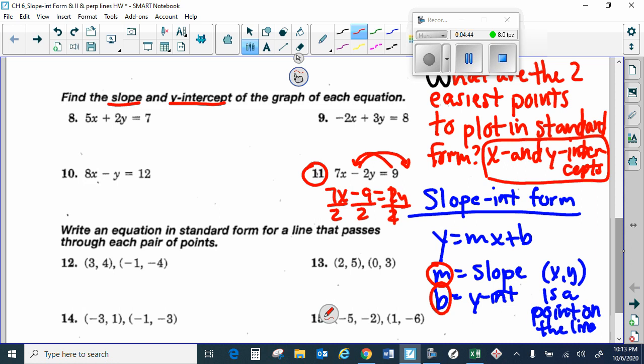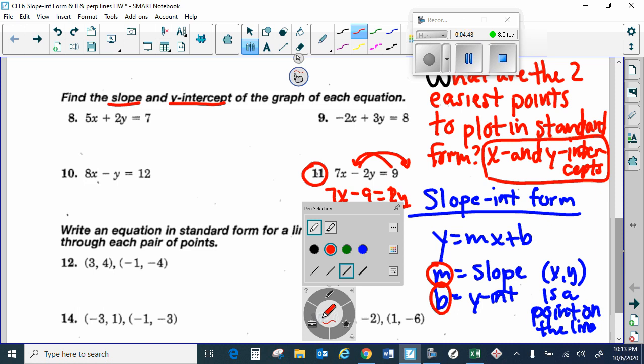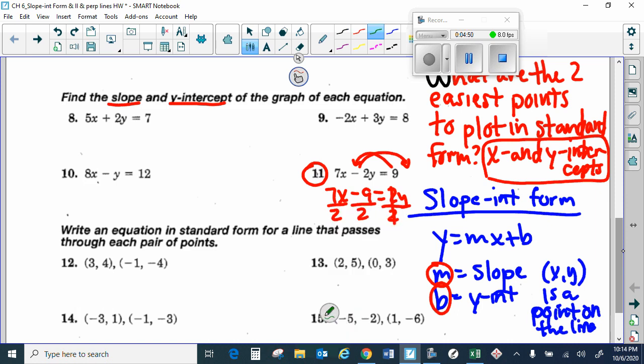So what is the m? It's the coefficient of the x-coordinate. So the coefficient of the x-coordinate is 7 halves. So m equals 7 halves, and b equals 0, comma, negative 9 halves. Remember, y-intercept is always 0 for the x-coordinate, and then whatever the b is right here, negative 9 halves.